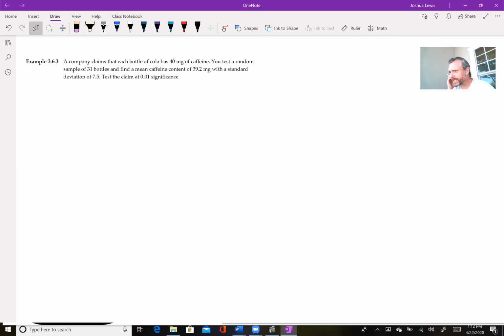So the issue really is, on average, 40 milligrams. And there's a secondary issue too, which we're not going to get into, and that is having a small standard deviation. I could have a bottle with 20 milligrams of caffeine, I could have a bottle with 60 milligrams of caffeine.